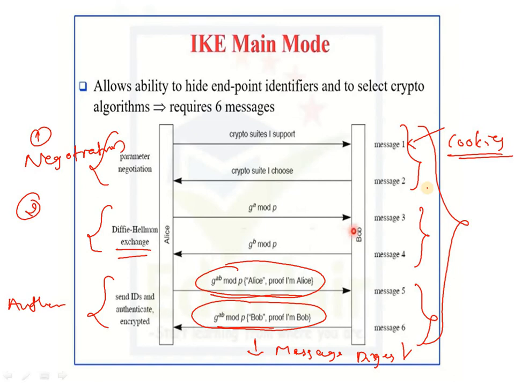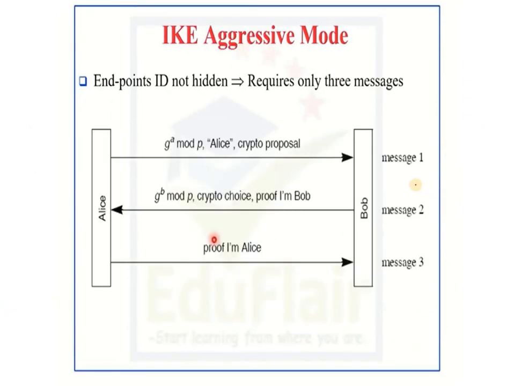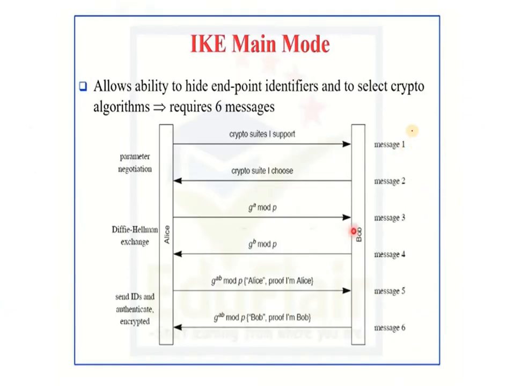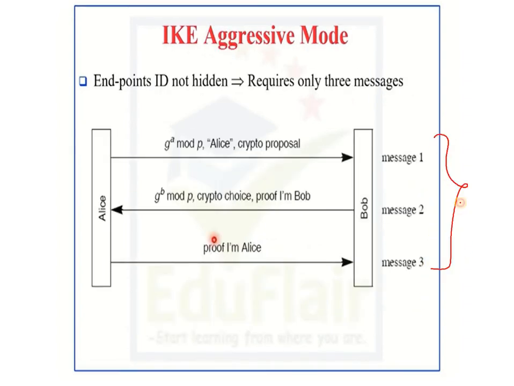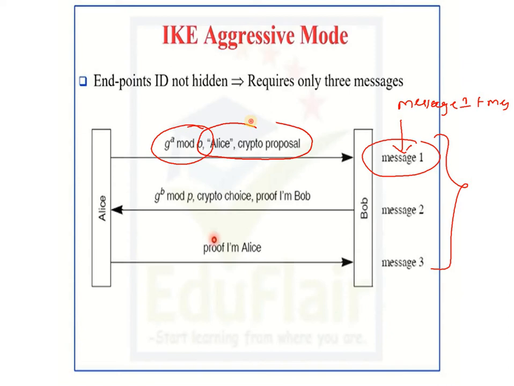Another mode is the aggressive mode, where the 6 messages are combined and made into 3 messages. Message 1 is the combination of message 1 and message 3 from the previous main mode. So you can see here the Diffie-Hellman key is exchanged, as well as the negotiation, and cookies can be established.